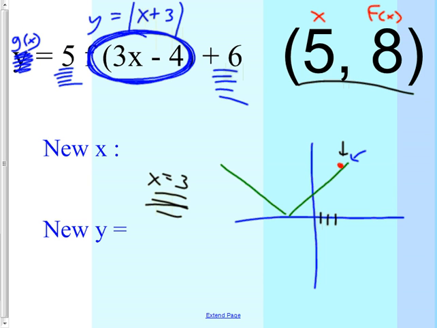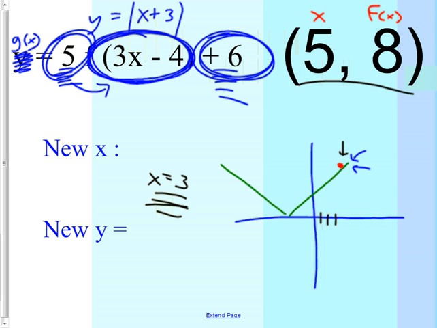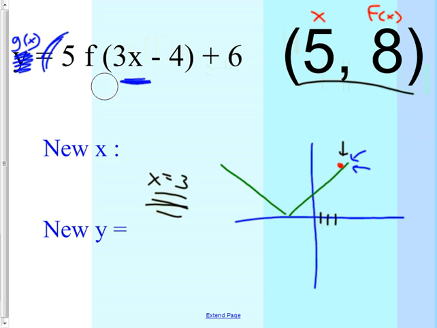Because see, this is the y, and see, I already have my y right here, and what should I do to it? This is the y stuff. Do you get the stuff on the outside here is the y stuff, the vertical stuff? So what should I do to it? I should take 5 times my 8 and then add 6 to it. So just like last time, we replaced the stuff on the inside with x.